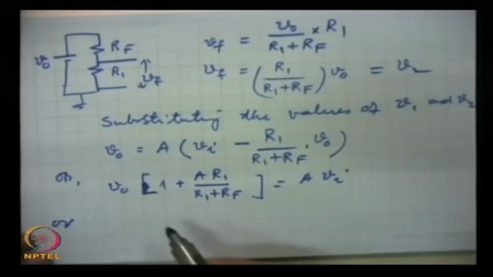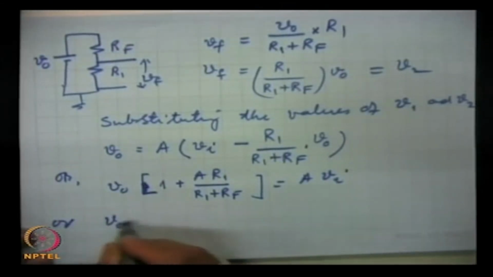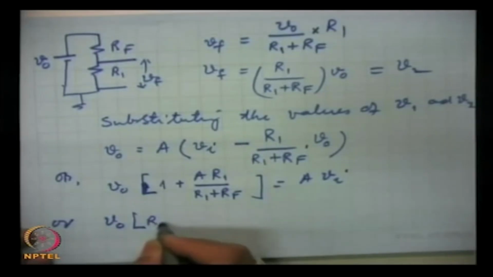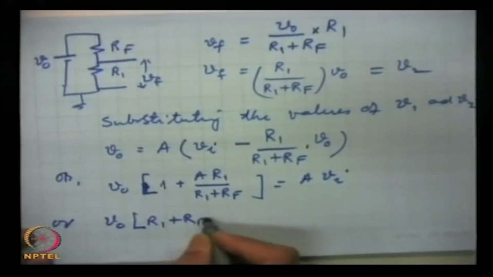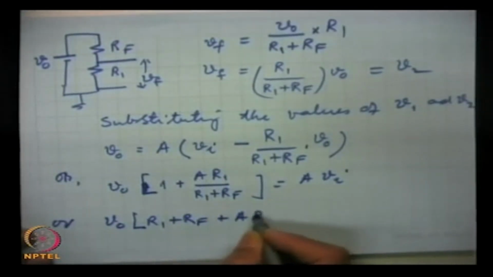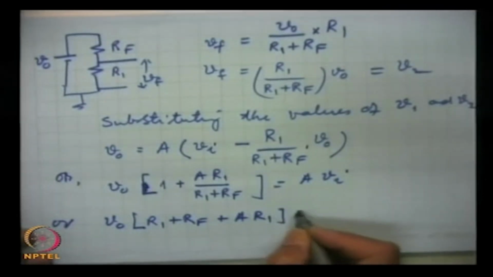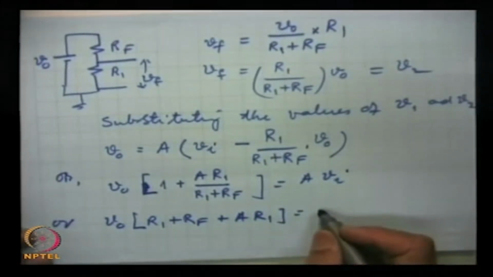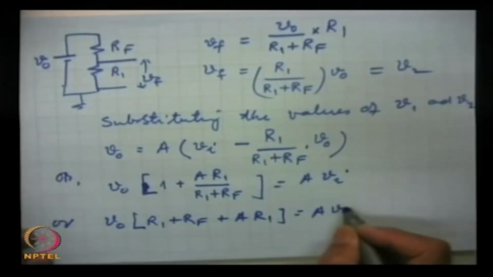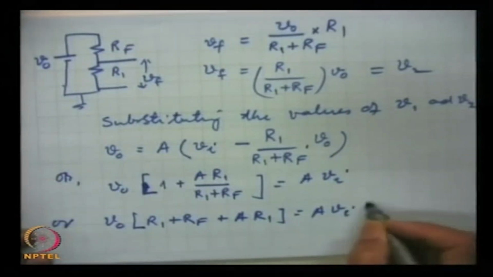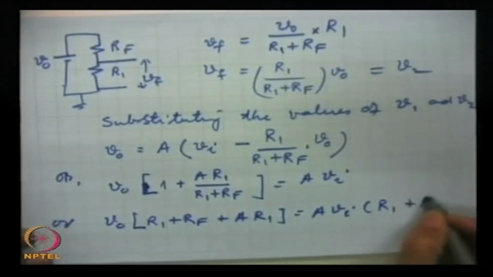A cross multiplication will give V0 into R1 plus Rf plus AR1, equal to AVi into R1 plus Rf.